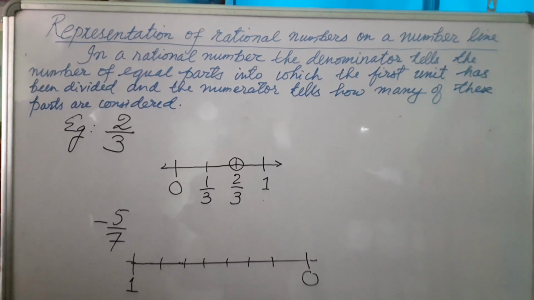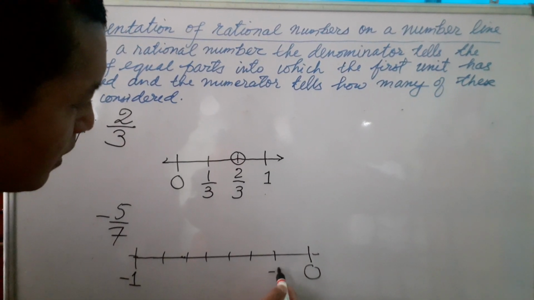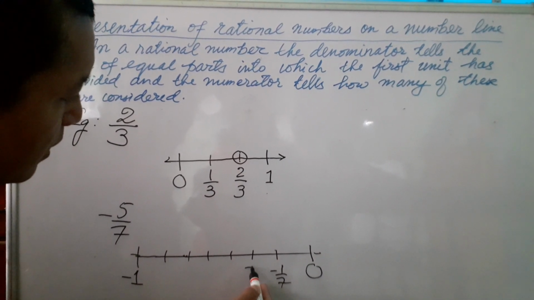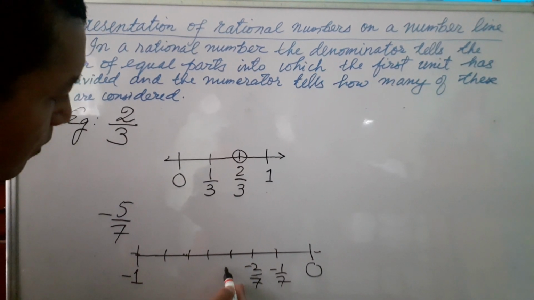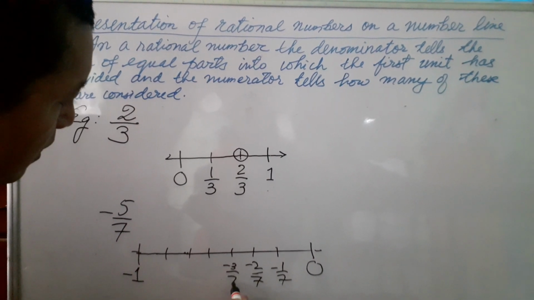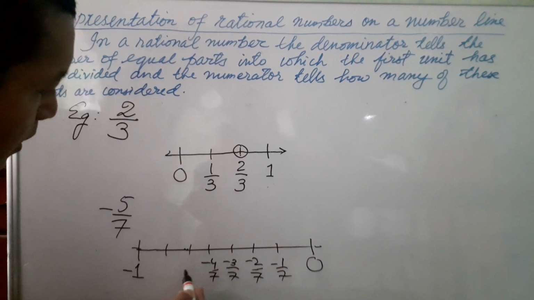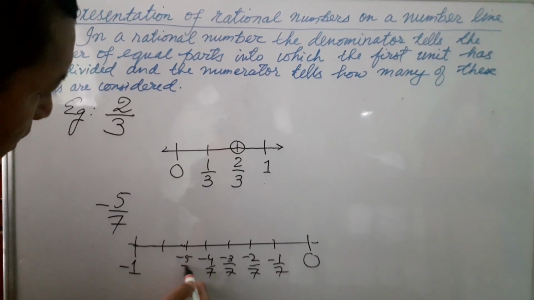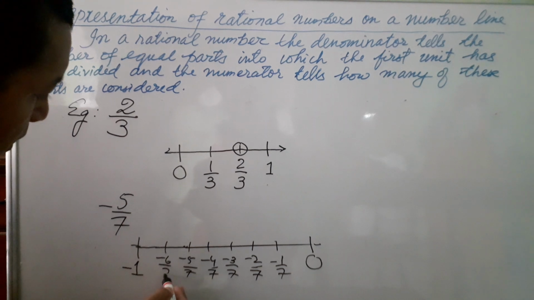The first part will be minus 1 by 7. Second part will be minus 2 by 7. Third will be minus 3 by 7, minus 4 by 7, minus 5 by 7, minus 6 by 7.